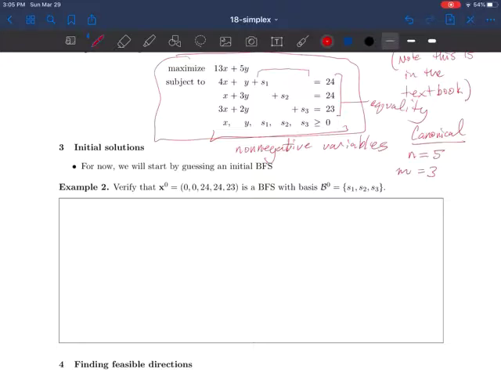That kind of structure is really useful when we want to find an initial basic feasible solution because you can see that if we held these variables equal to 0, then the solution is going to be read off as just S1 equal 24, S2 equal 24, S3 equal 23. I hope that's obvious to you that that is indeed a unique and feasible solution to that system of equations.